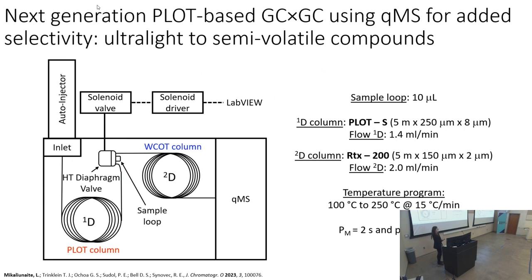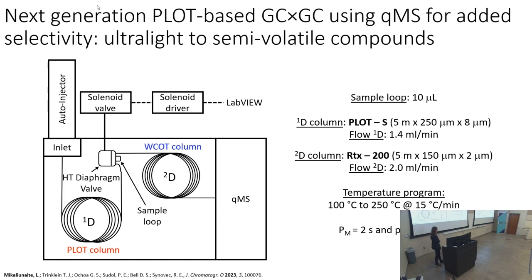This is where David Bell and Restek came in, because we were looking to put a PLOT column on the first dimension and a wall-coated column on the second dimension. The one thing about the PLOT columns is that they have a very thick film.